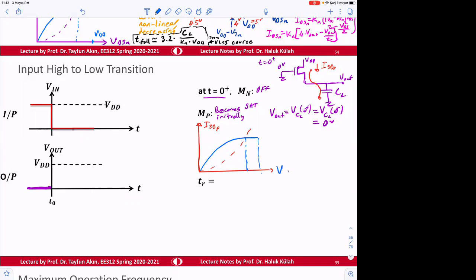V source to drain of P. So this voltage, V source to drain of P, is going to be equal to initially 5 volts VDD, and it will, of course, decrease when the CL starts charging.